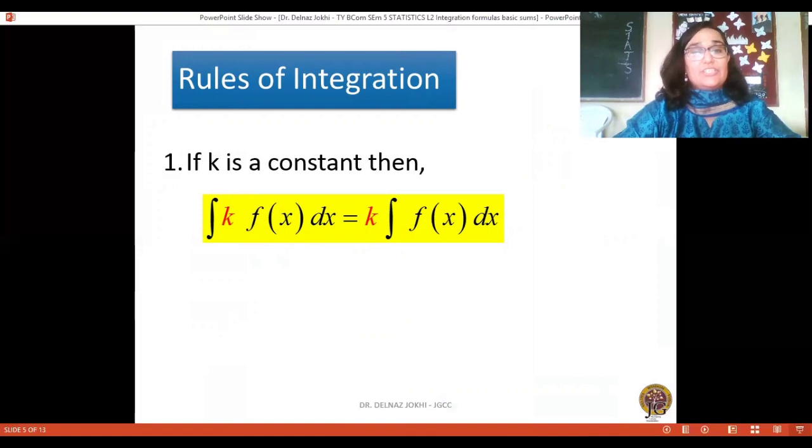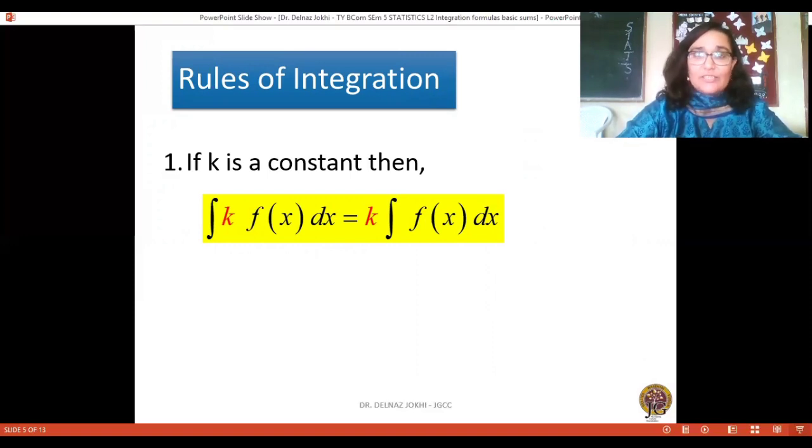All right, my dear students, now pay attention. When you have to study integration and do the sums of integration in your Gujarat University exams, or if you are not in Gujarat University and still watching my lecture, thank you. The basic rules with relation to BCom and the basic standard results, or formulas as you call them, are what I'm going to discuss in today's lecture.